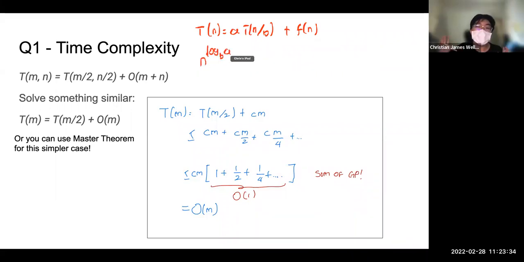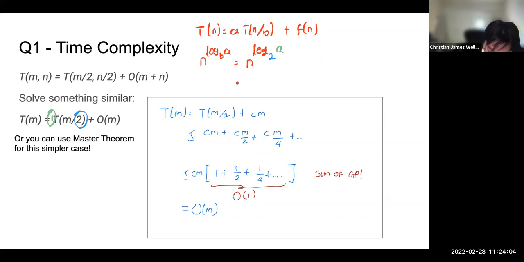This is the first step of the master theorem. So here b is 2 and a is 1. Sorry, I put a here, but that should be 1.